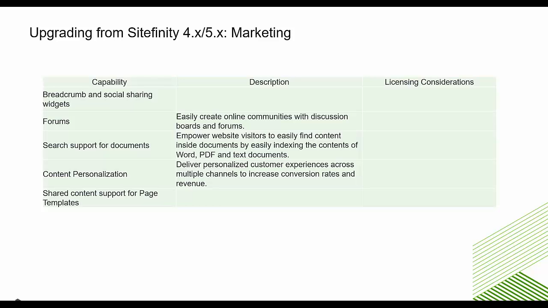So you can more easily interact with community members, whoever they may be, technical or marketing or B2C or whoever that may be. Search support for documents, so website visitors can more easily find content inside documents by indexing the contents of Word, PDF, and text documents.